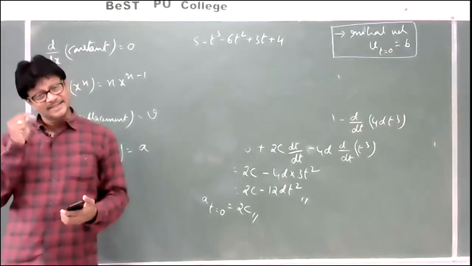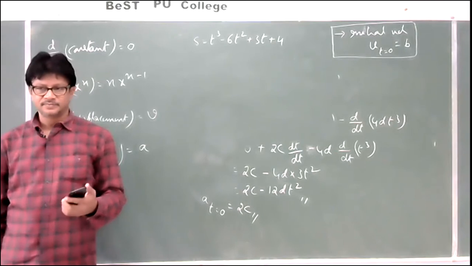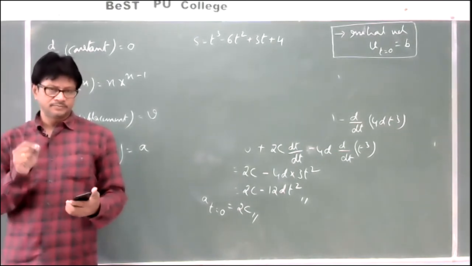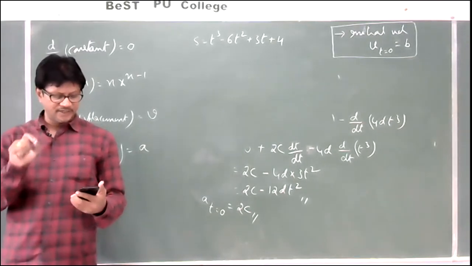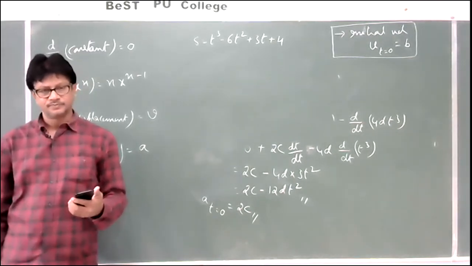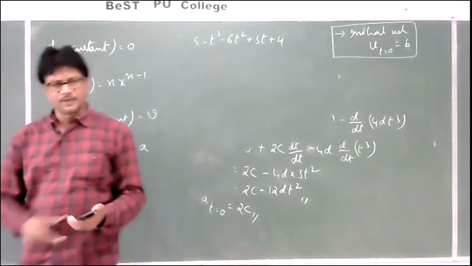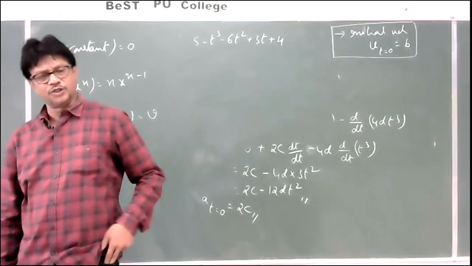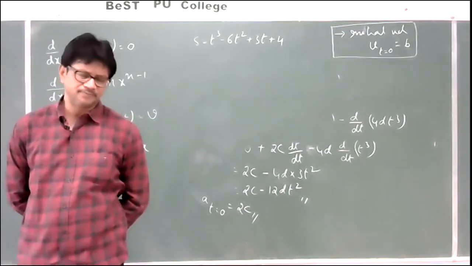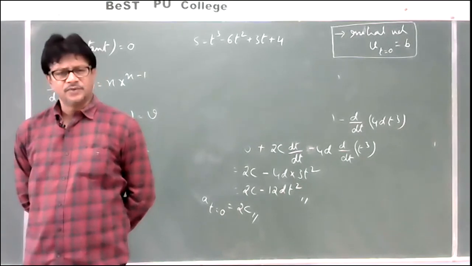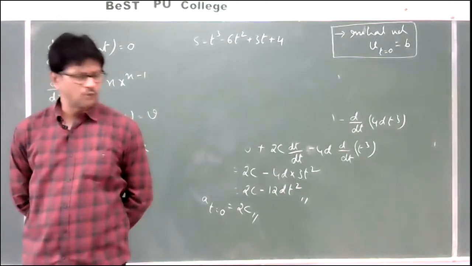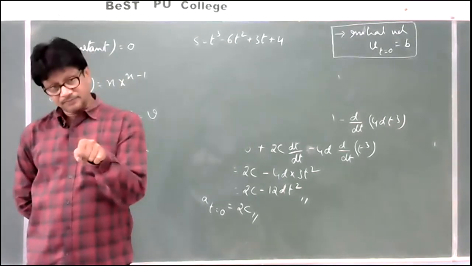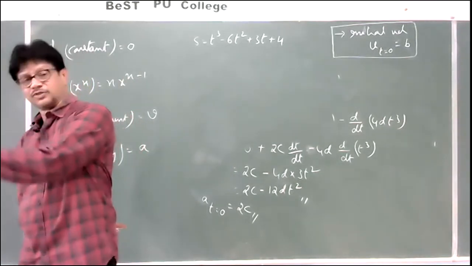when its acceleration is 0. The velocity of the particle when its acceleration will be 0 will be. What are they asking? Just go through the problem once. The velocity of the particle when the acceleration becomes 0.